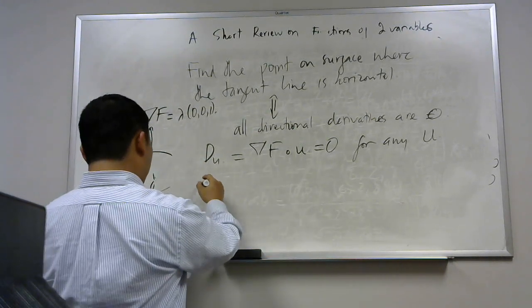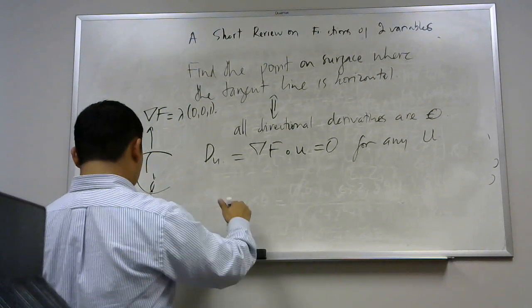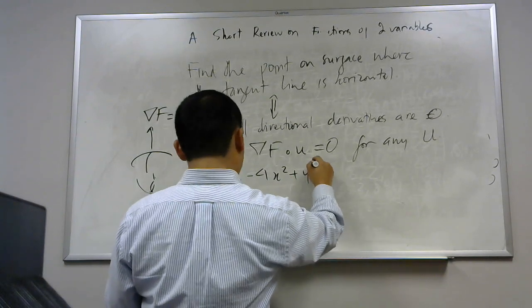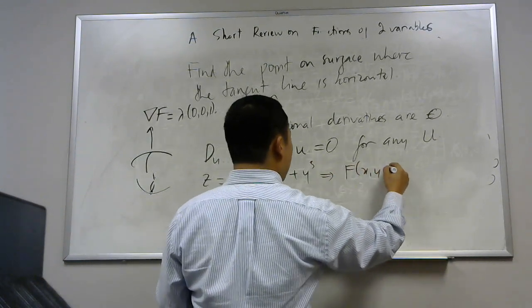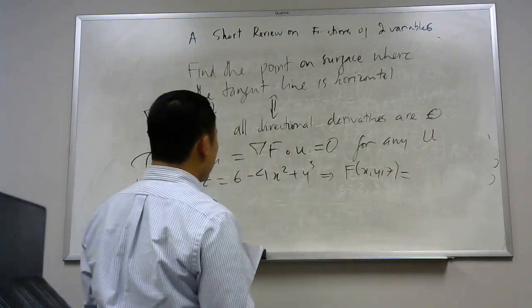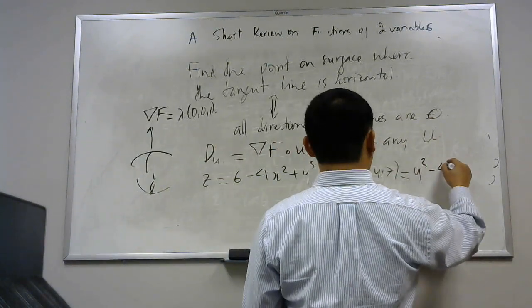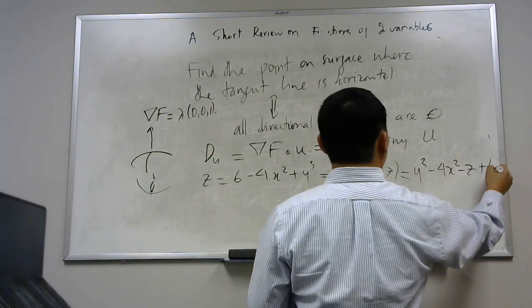If we have a function f, here we have a surface like z equals 6 minus 4x squared plus y cubed, and I can write f of x, y, and z, right? As usual, we write it as y cubed minus 4x squared minus z plus 6.